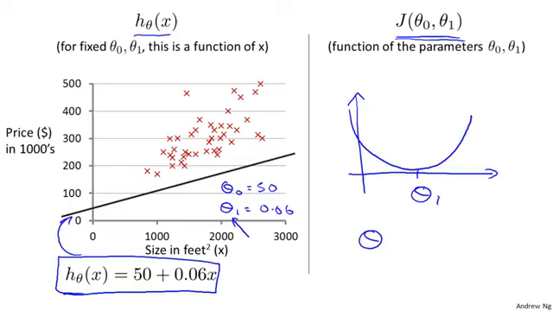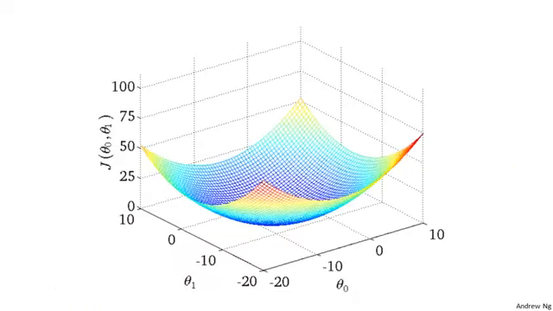But now we have two parameters, theta 0 and theta 1, and so the plot gets a little more complicated. When we had only one parameter, the plots we drew had this sort of bow-shaped function. Now, when we have two parameters, the cost function also has a similar sort of bow shape. Depending on your training set, you might get a cost function that looks something like this.